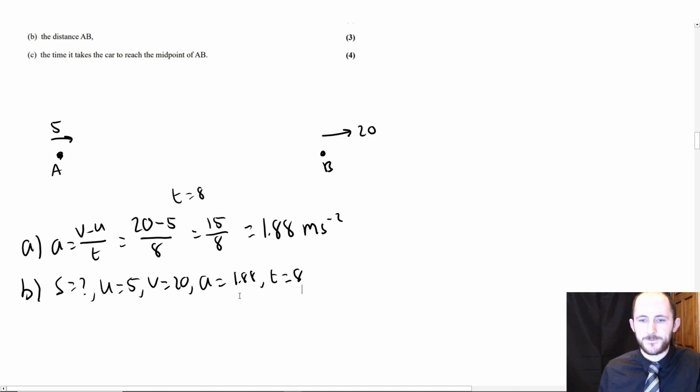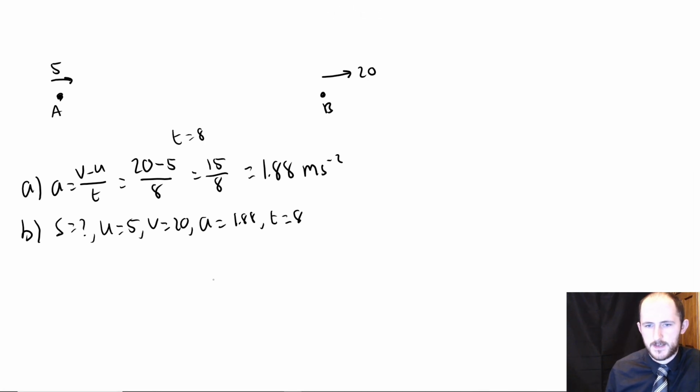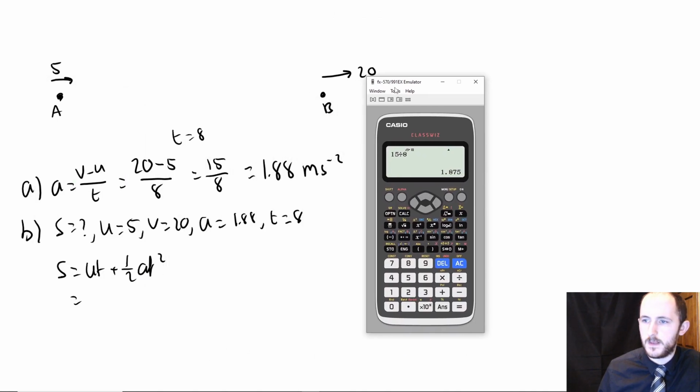Okay. So we can use literally any equation we like. So we can use UT plus half AT squared, classic. So we have UT... Let's just do this.